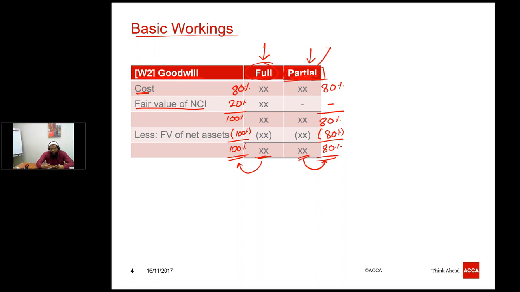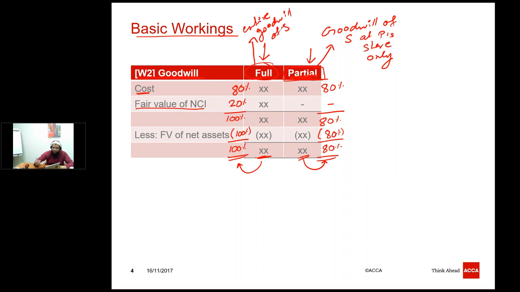That's why this is called partial goodwill method, where goodwill of subsidiary is recorded at parent's share only. So we actually record the parent's share only, not the entire goodwill. But in case of full goodwill method, we record the entire goodwill of subsidiary. So this is the difference between the full goodwill method and the partial goodwill method.